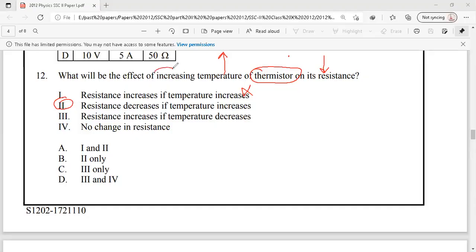So as the question says that temperature is increasing, this means that the resistance of the thermistor should decrease. So for that case, option 2 would be the right answer. Resistance is decreasing if its temperature increases. So 2 only, that is our option B, is the right answer for this question.